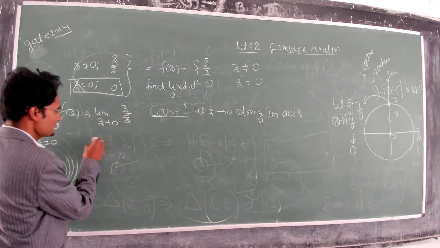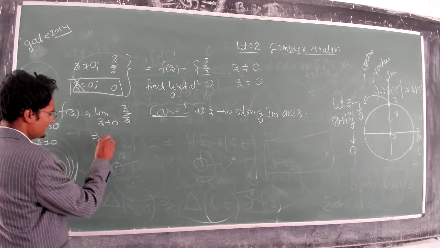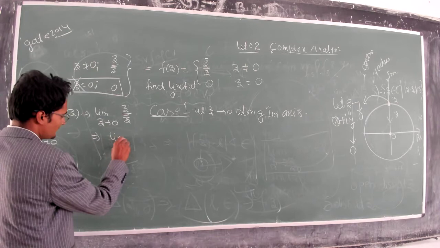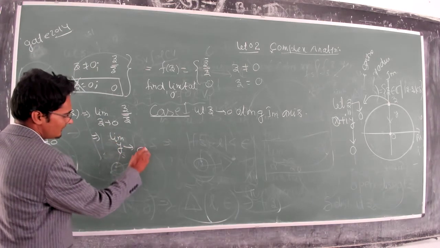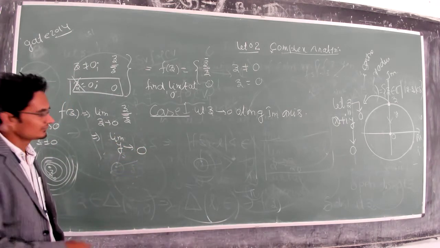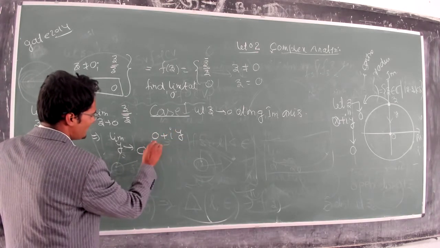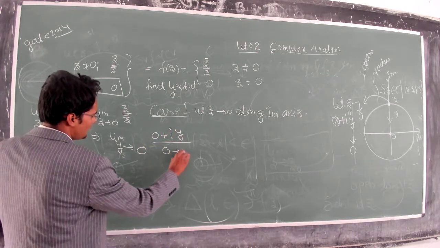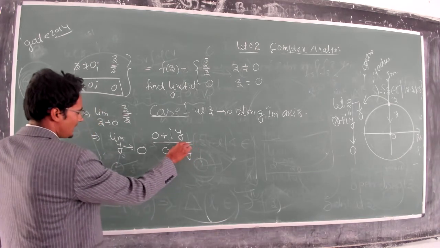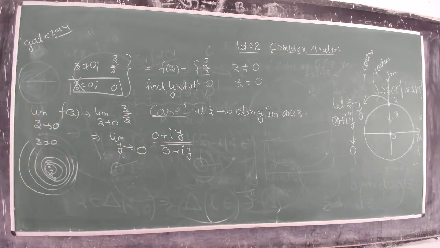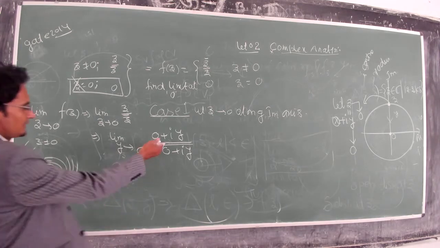Then this implies the limit as y tends to 0 of (0 plus iota y) upon (0 plus iota y) bar. With the bar, the sign changes, minus plus.